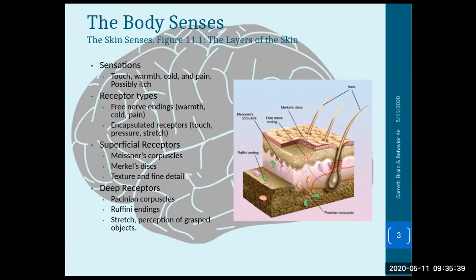The Merkel discs specifically are the ones at the very top layer of skin. As you can see right here on the right, just a little bit closer than the hairs sticking out, you can see those little Merkel discs. And a little bit deeper, but still on the superficial side of things, are Meissner's corpuscles.